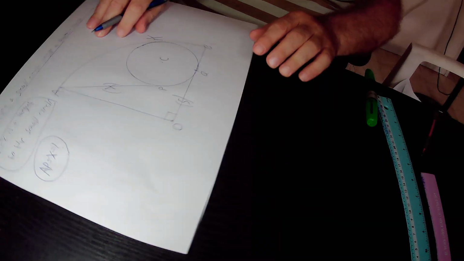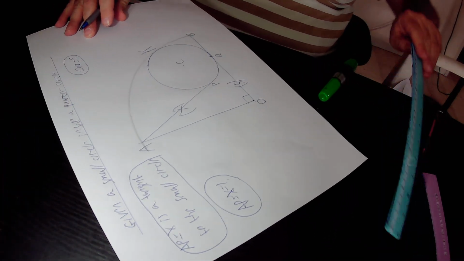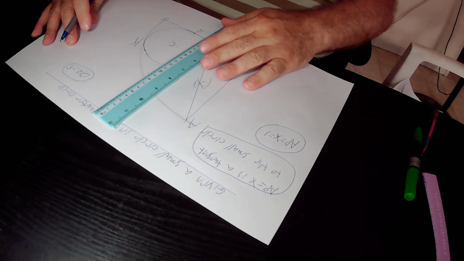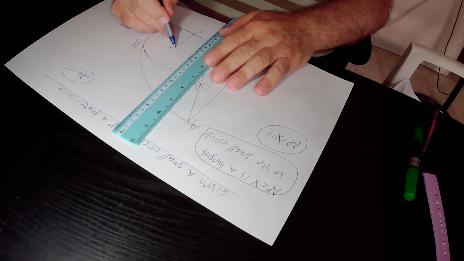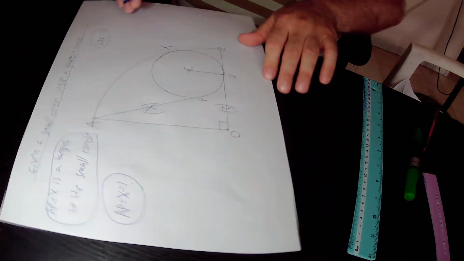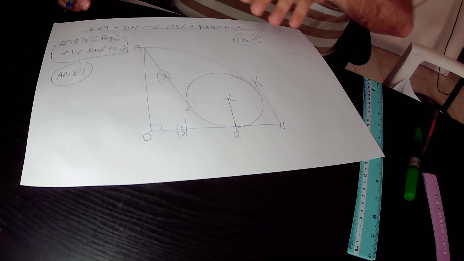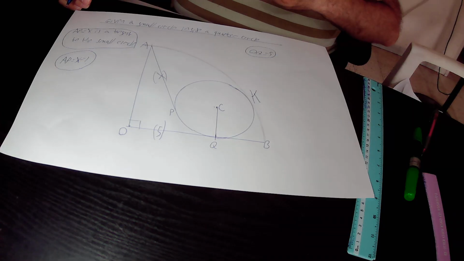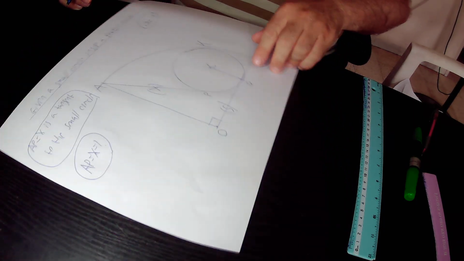In the next step, we will join point C and Q together by a straight line. Point C is the center of this small circle, point Q is the point of the small circle itself, therefore CQ is the radius of this small circle. We define the radius of this small circle as a, so CQ equals a.